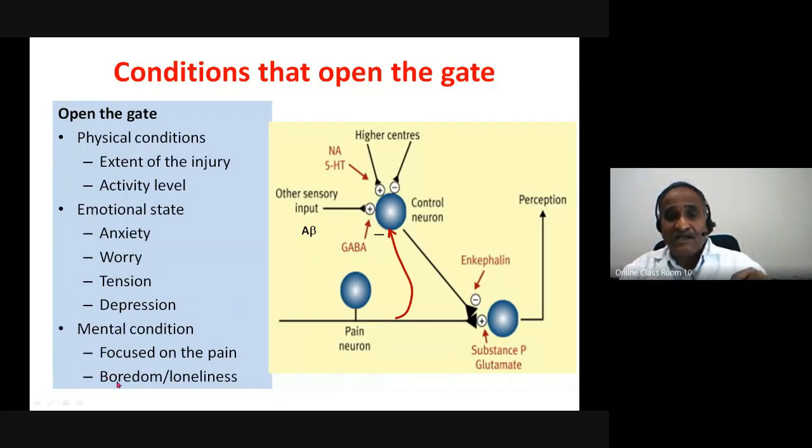The second part is the prefrontal cortex coming up, the social aspects: boredom, loneliness and lack of a social support system. That means friends are not there, relatives are not there. You get bored, lonely, and then these negative emotions are activated. So these are all the conditions that open the gate.